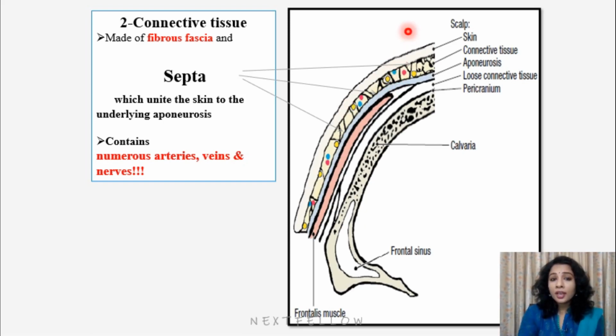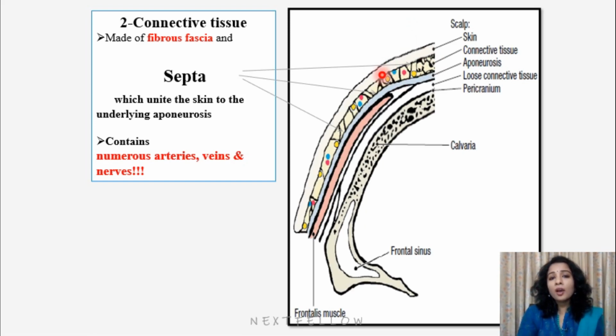So it is a highly vascular structure, and the layer anchors the skin to the third layer, that is the occipitofrontalis and galea aponeurotica. When the scalp is cut in this layer, any superficial cut through the connective tissue usually results in profuse bleeding.